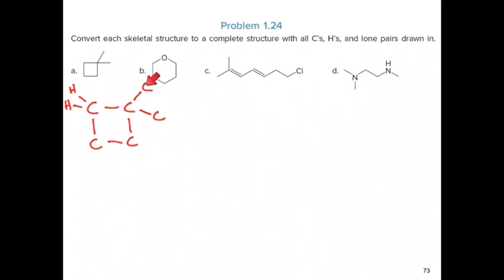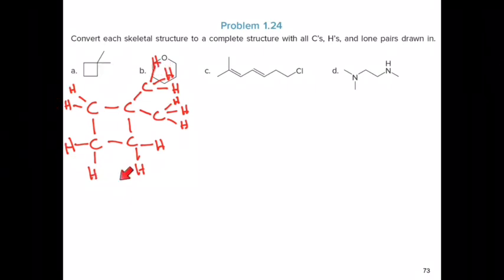But these end carbons will contain 3 hydrogen atoms. And then both carbon atoms here at the bottom will contain 2 hydrogen atoms. All right, and that's basically the Lewis structure, the complete structure for this molecule.